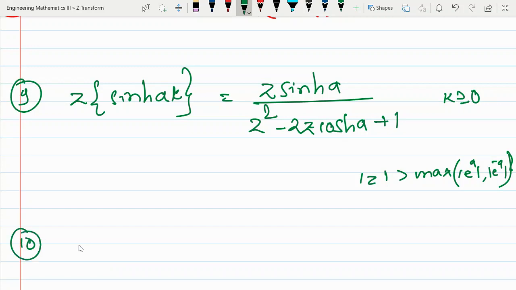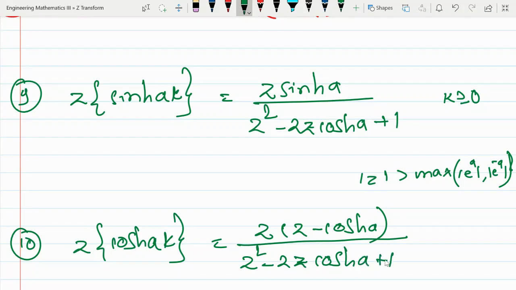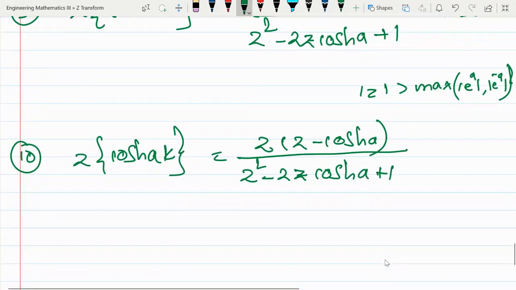And for the last, the z transform of cos hyperbolic ak, this is z into z minus cos hyperbolic a. Again the denominator is the same, z square minus 2z cos hyperbolic a plus 1, and the condition is the same.